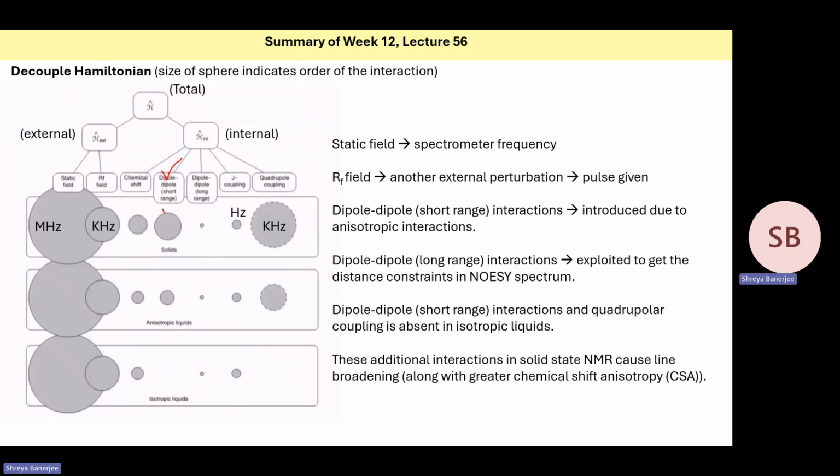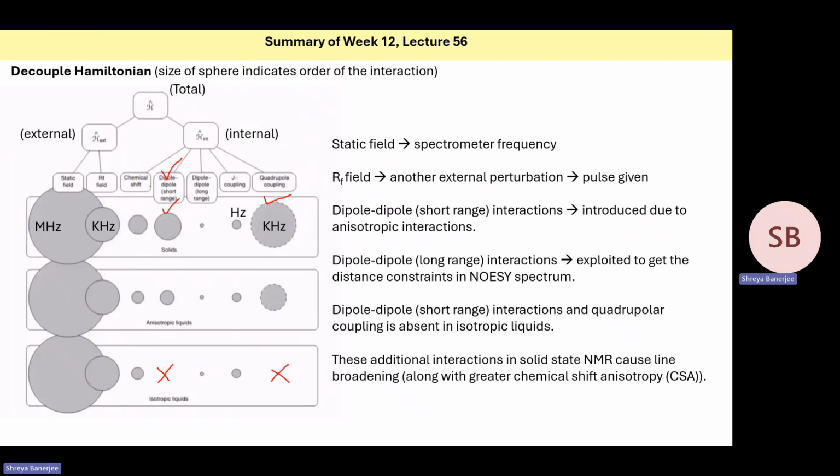So it is present in solid state, but we just studied in the previous slide that in liquid there are no anisotropic interactions. So this becomes zero. Then the quadrupolar coupling, this is also due to anisotropic interaction. So this also becomes zero in the liquid phase.